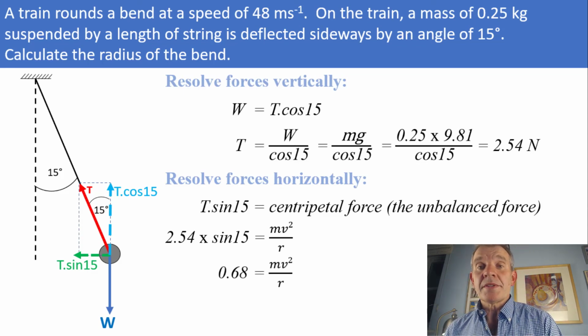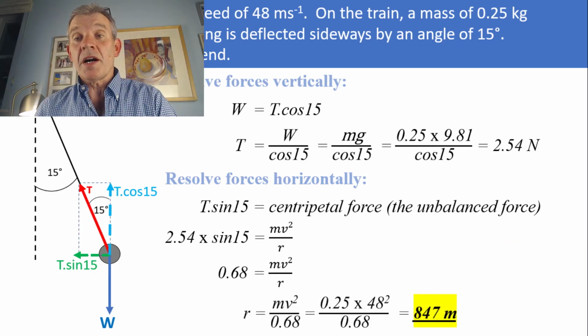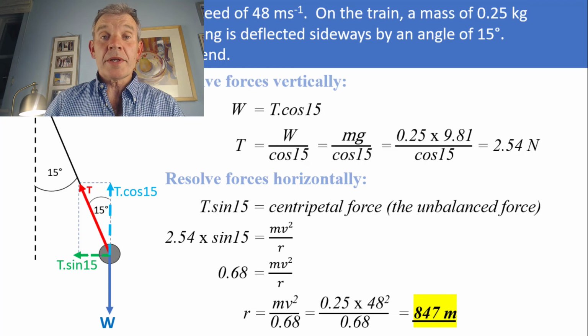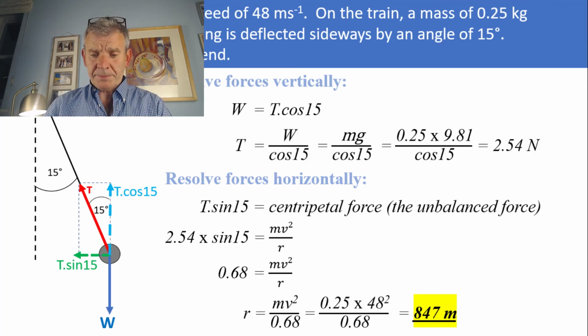And then we can say 0.68 is equal to mv squared over r, and working our way through there, we can see that the radius is equal to 847 meters. So there we go then.